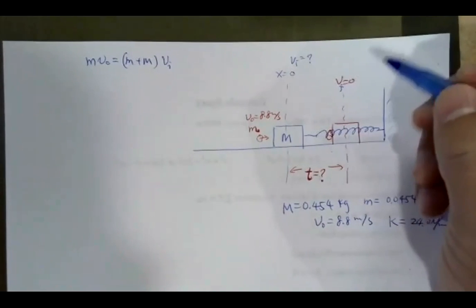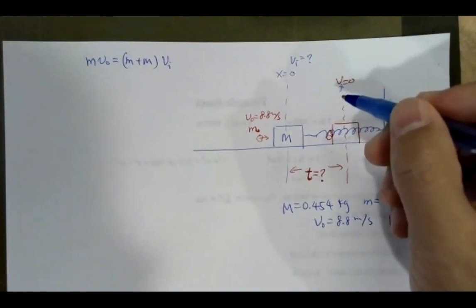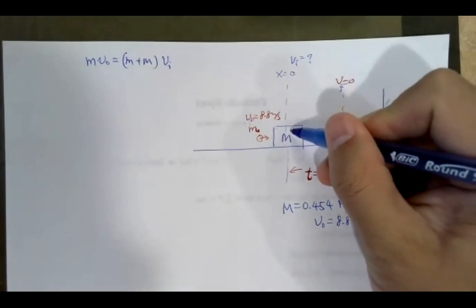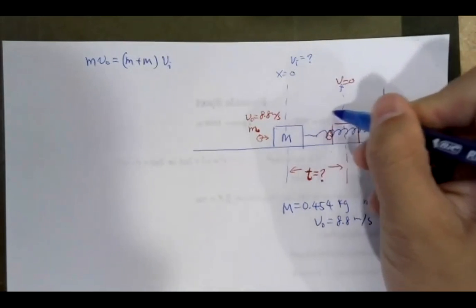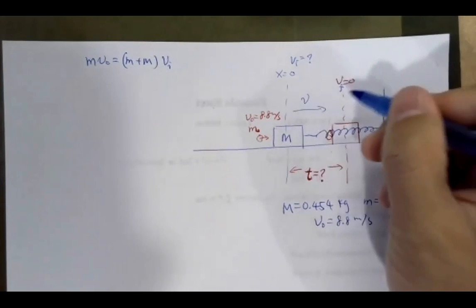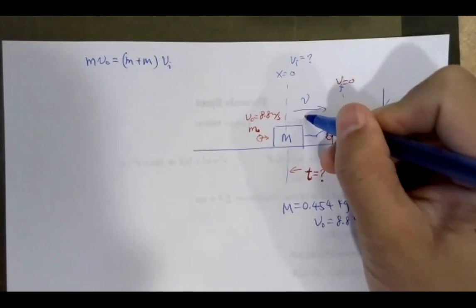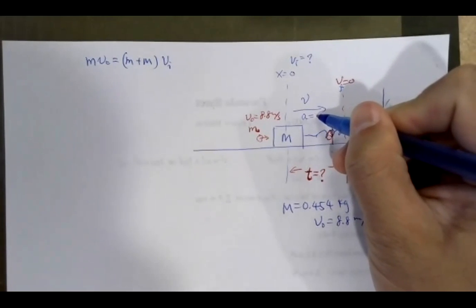But then the problem is that when this system is moving to the right, the velocity is varying, and the oscillation is also varying.